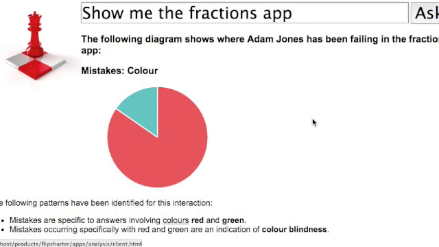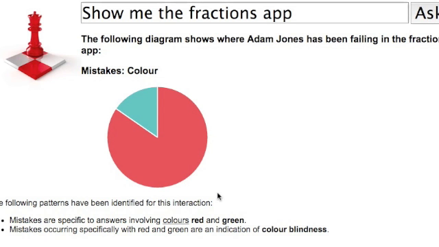In this case, it is highlighting that mistakes are specific to selection of colour, and that the patterns identified are specific to answers involving colours red and green, and mistakes occurring specifically with red and green are an indication of colour blindness.